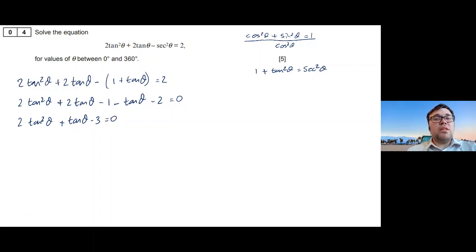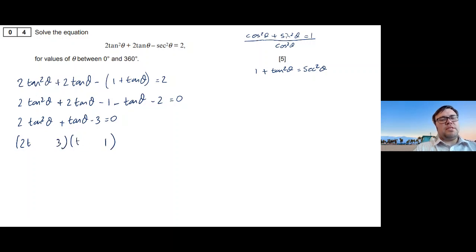Again, we haven't been told whether we need to factorize it or use the quadratic formula, complete the square, whatever you're most comfortable with. It's going to get you the values, but you need to make sure you've got a method there. I represent t as tan theta, and I'm going to put a 3 and a 1.